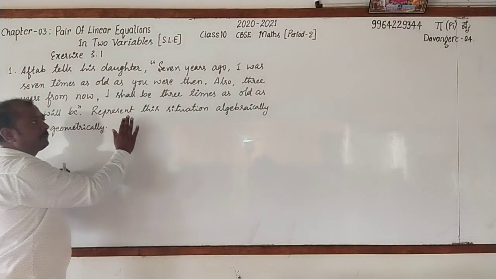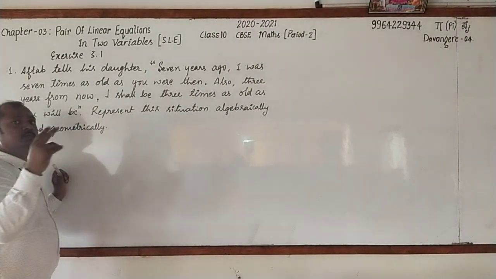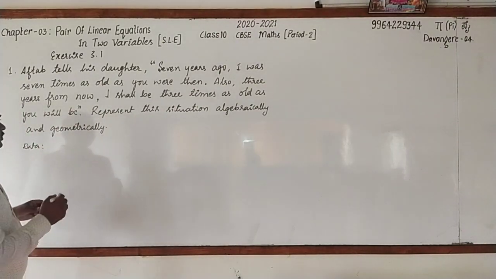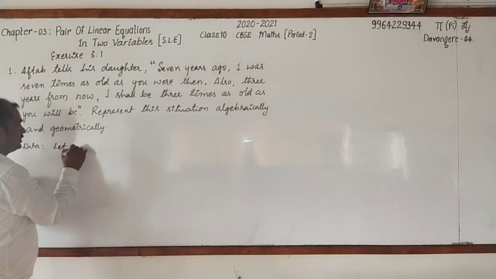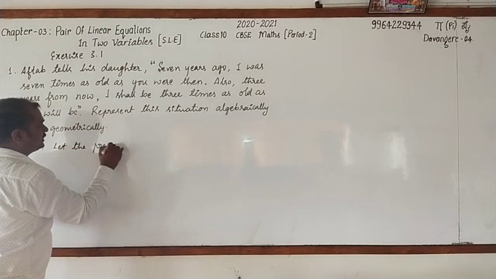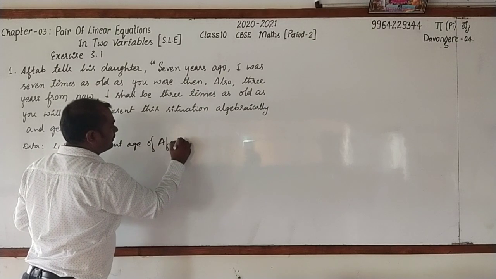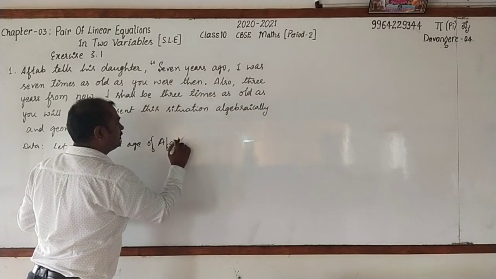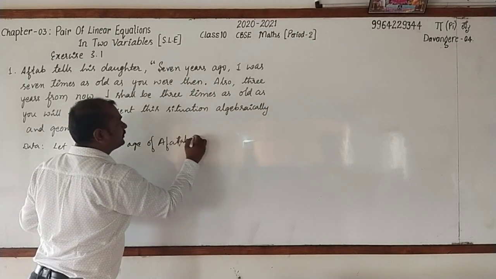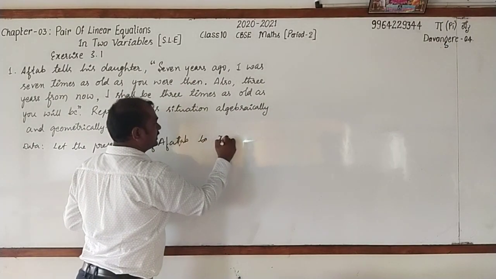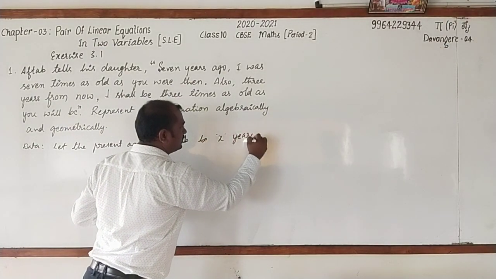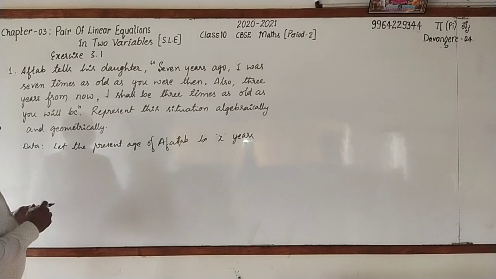As we are going to represent that in a graph, we will take two variables. Let the present age of Aftab be X years.